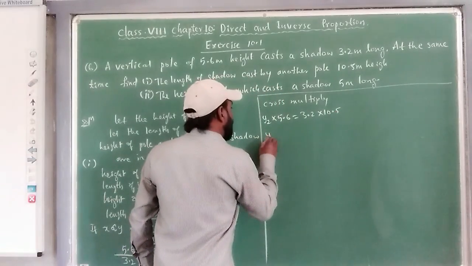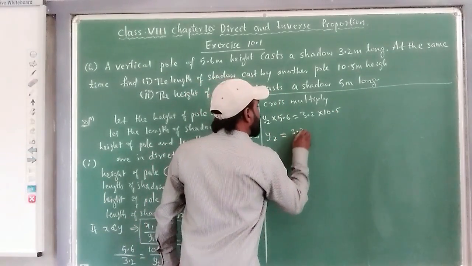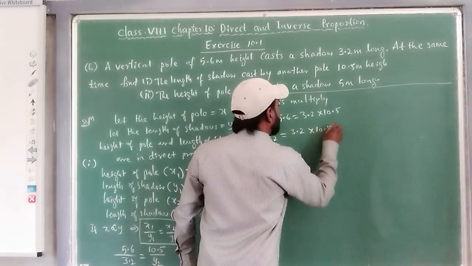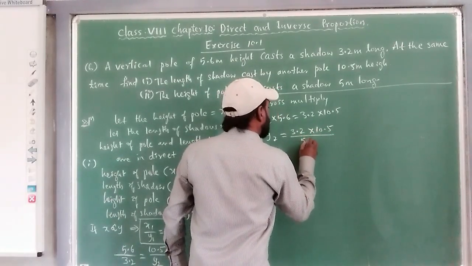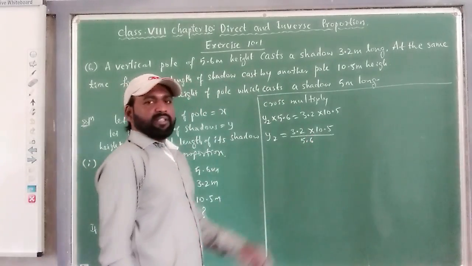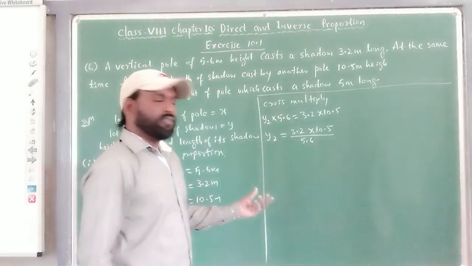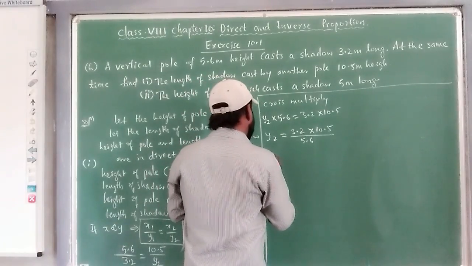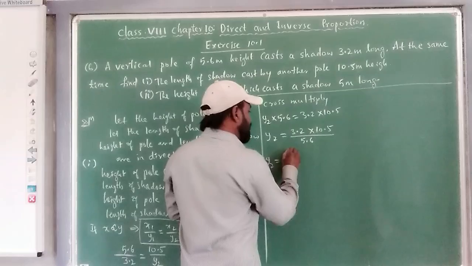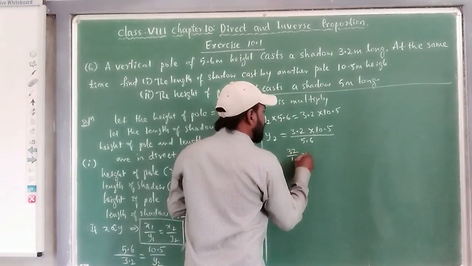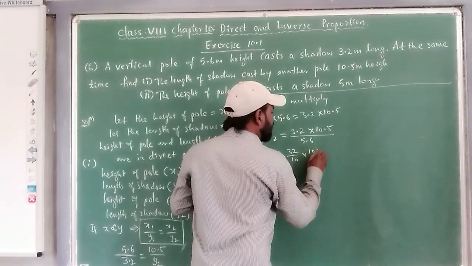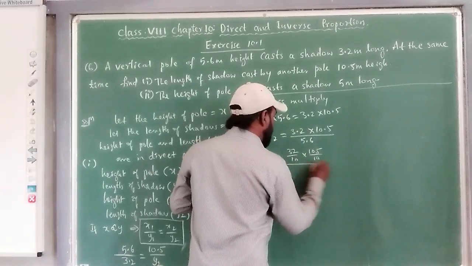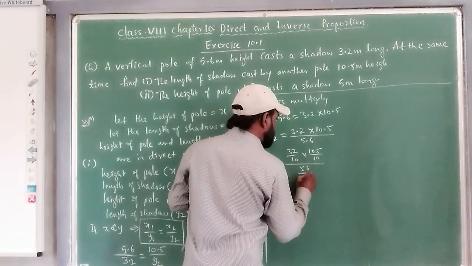So now y2 is equal to 3.2 into 10.5 divided by 5.6. All are having decimals, so first let us remove the decimals. y2 is equal to 32 by 10, and 10.5 will be 105 by 10, and 5.6 will be 56 by 10.